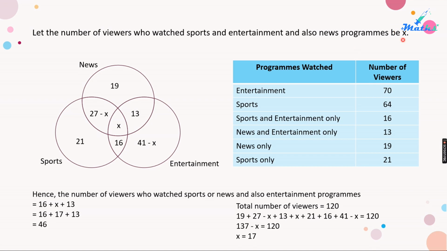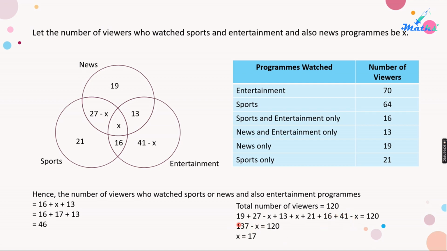Because we already let the number be X, so it's 27 minus X. So the total number of viewers is 120. So we just take all the elements and add them. So it's 19 plus 27 minus X plus 30 plus X plus 21 plus 16 plus 41 minus X.